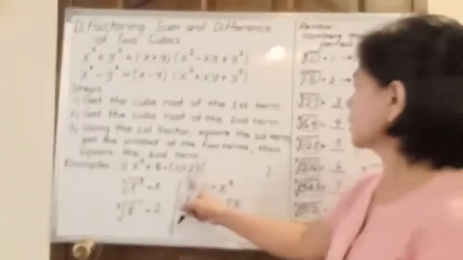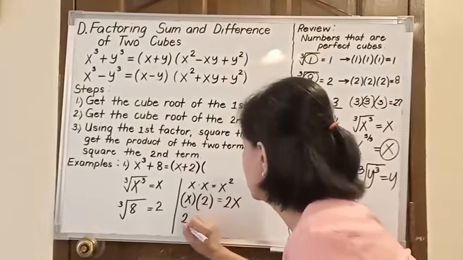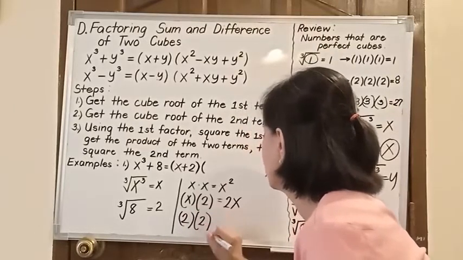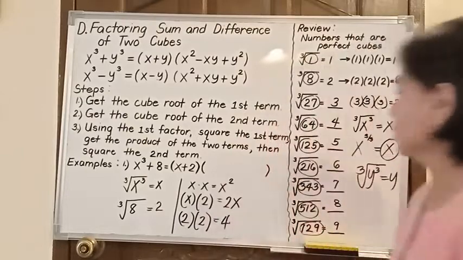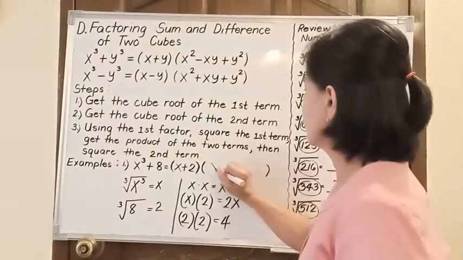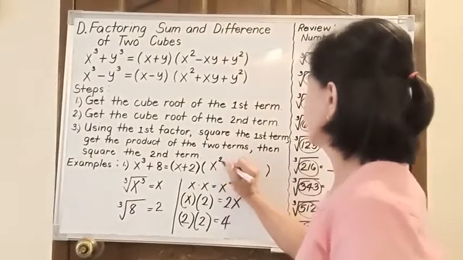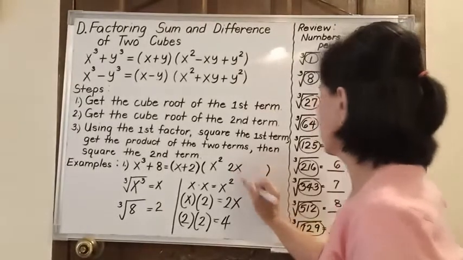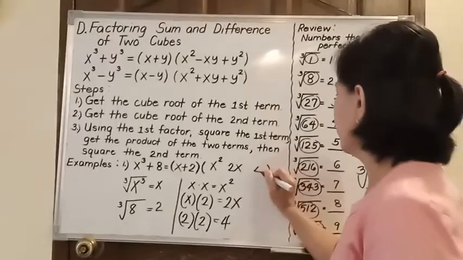And then get the square of the second term. Getting the square of the second term is 2 times 2, and that is 4. So, for the trinomial factor, it should be x squared. And then the next term should be 2x. The last term should be 4.